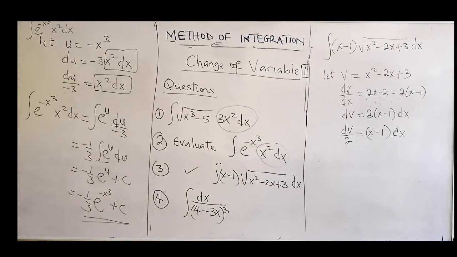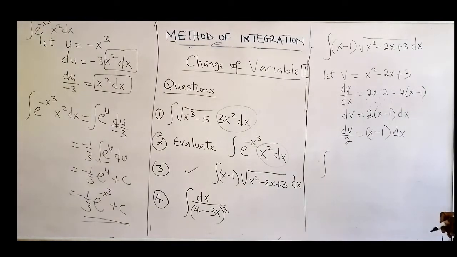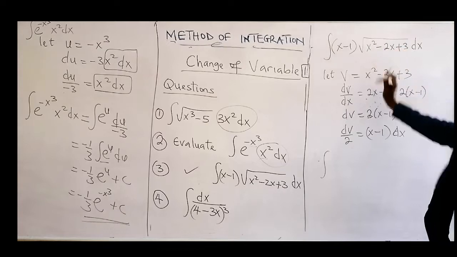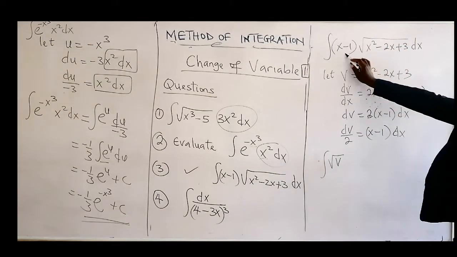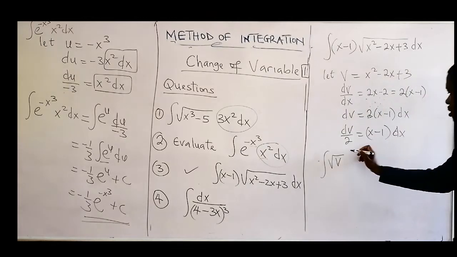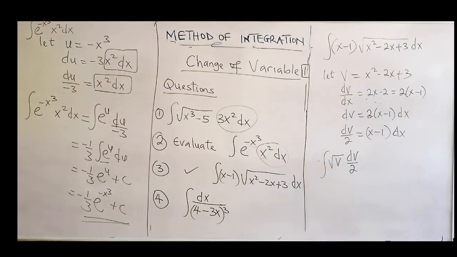So I'm going to write the question now. I'm going to write it as what? Integral. This one here is what? Square root of what? v. And don't forget, this one times this one is what? dv over 2. Okay? dv over 2.